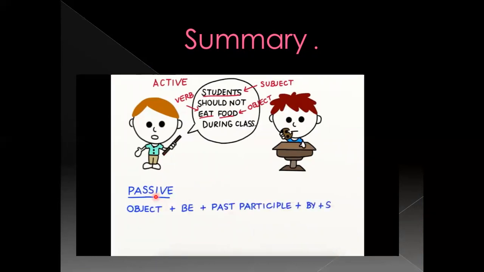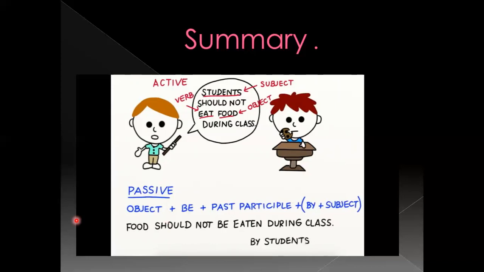The object of the sentence is food. Then we add the modal verb, should, not, a form of be, and the past participle of eat, which is eaten. Food should not be eaten during class. We could also optionally add by students, but this isn't necessary.